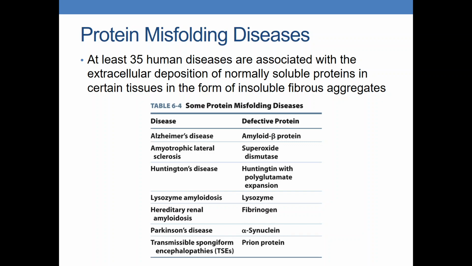You've got different encephalopathies, like mad cow disease as an example of that. So there are many different neurodegenerative diseases that are, in fact, related to protein misfolding.